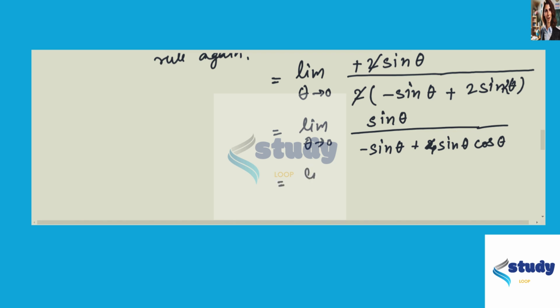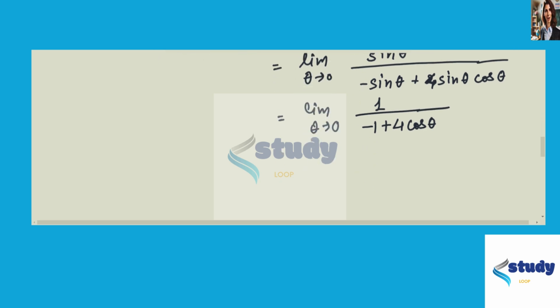So we will get here limit theta tends to 0. Again, the sine theta will be taken as common. So we will get 1 upon minus 1 plus 4 cos theta. We will just put theta equals to 0 again.